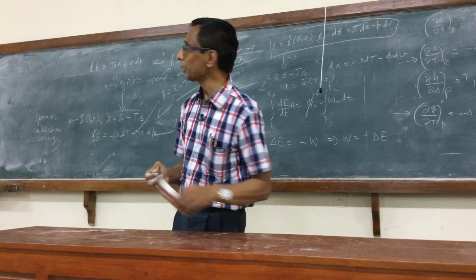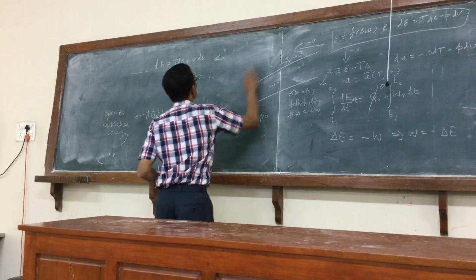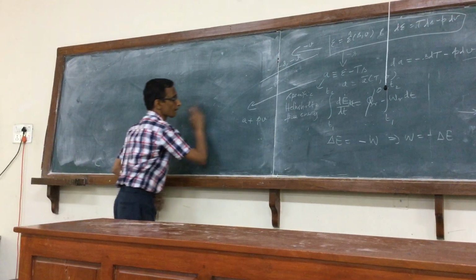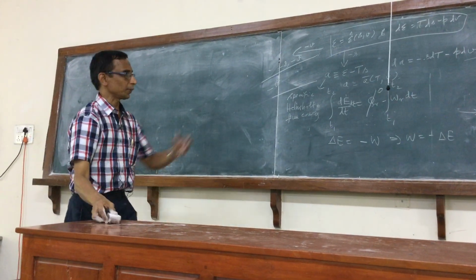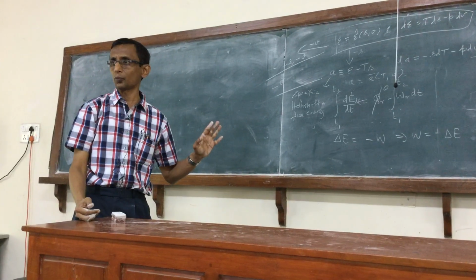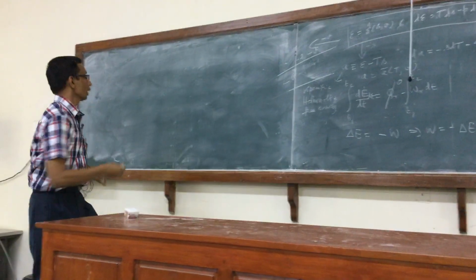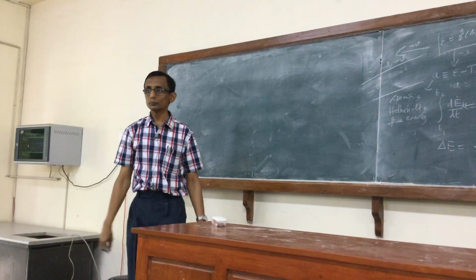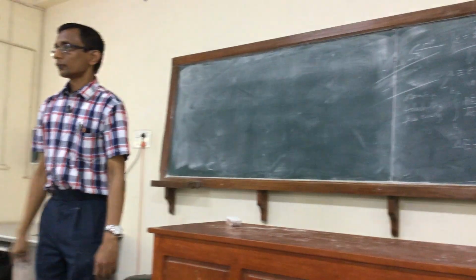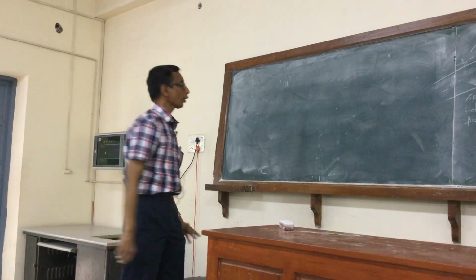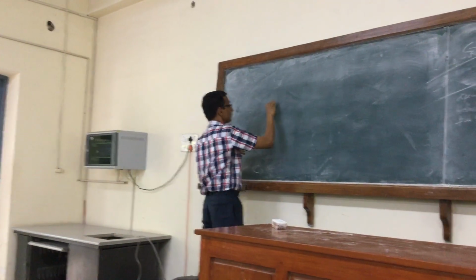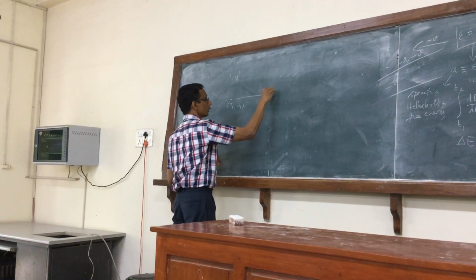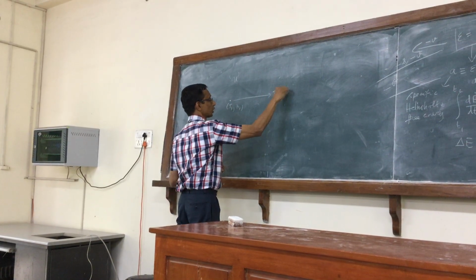You take up an arbitrary property, it can be A, E, S, whatever you want. Take an arbitrary property denoted by U. Now, if I want to calculate the change, I say that it goes from T1, P1 to T2, P2, undergoing a process.